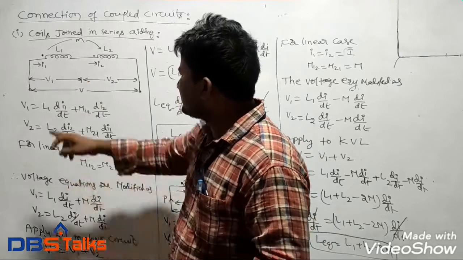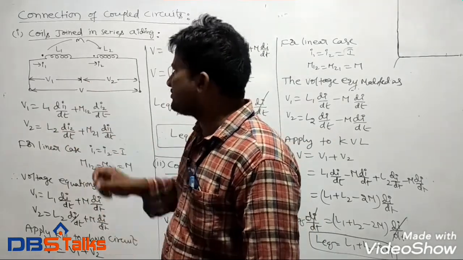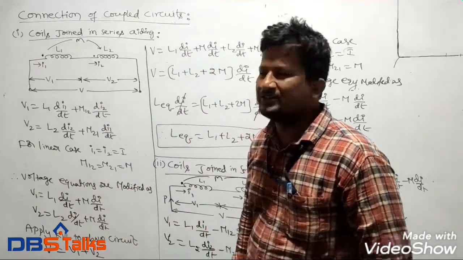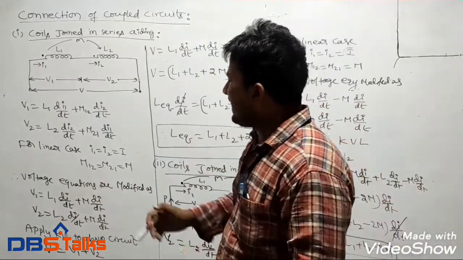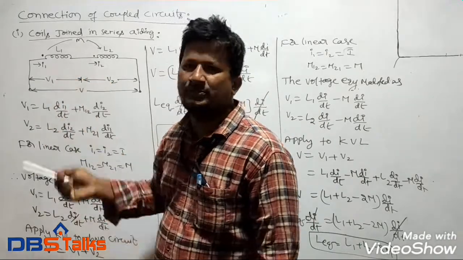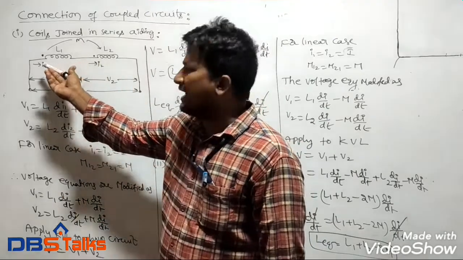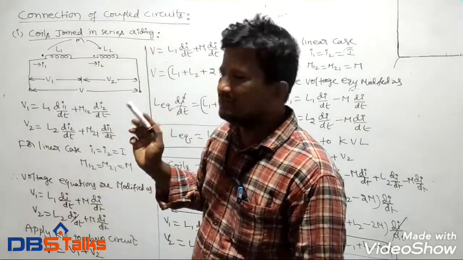Now we have voltages V1, V2 and total voltage V. Here I1, I2, this is a series circuit, so the current must be the same, but we can mention I1 current, I2 current.